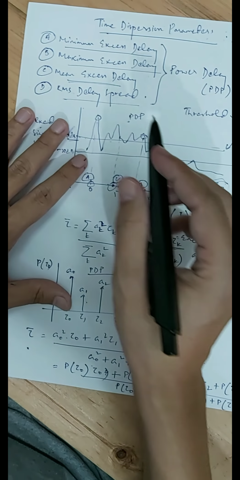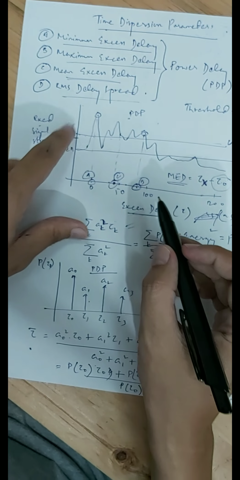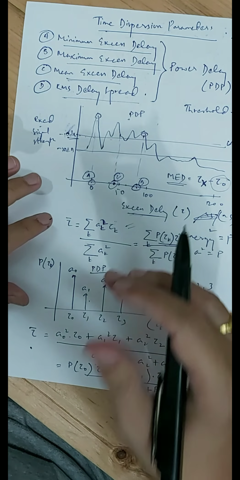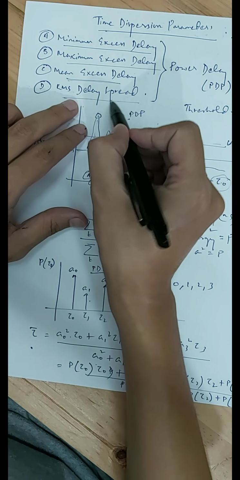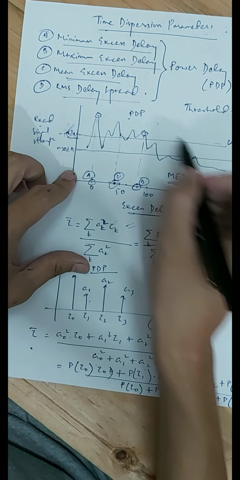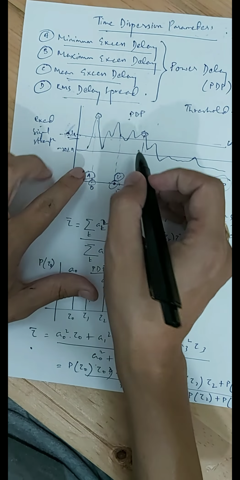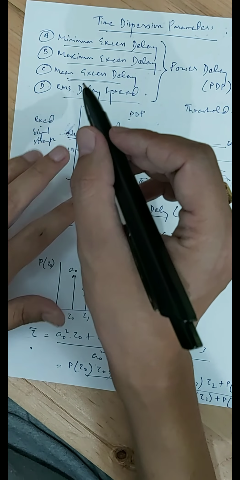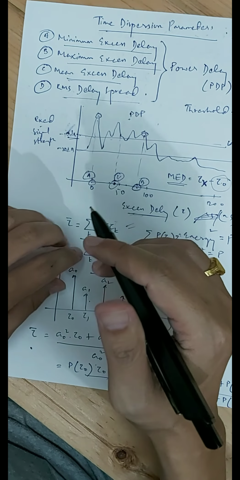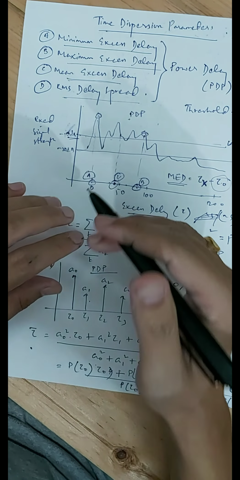So RMS delay spread characterizes the time dispersiveness of the channel, which is obtained from the power delay profile. It indicates the delay during which the power of the received signal is above a certain value.